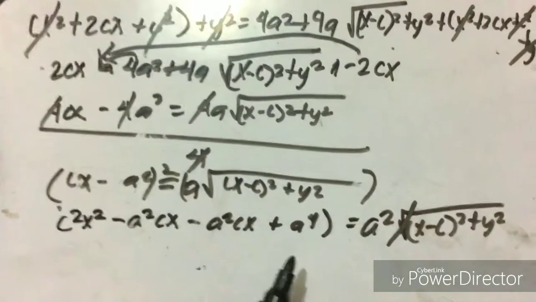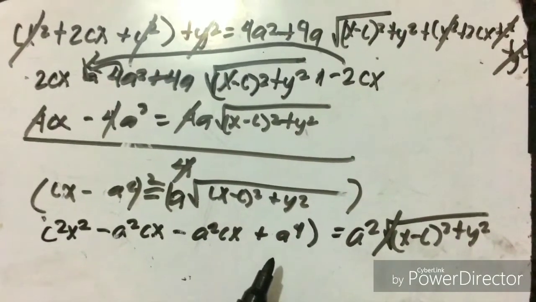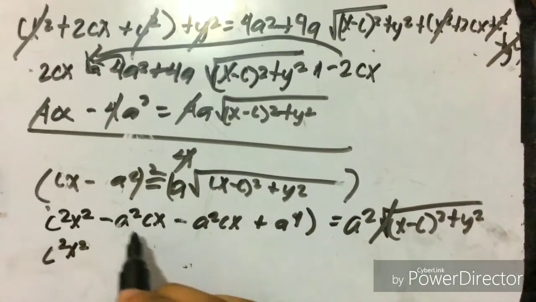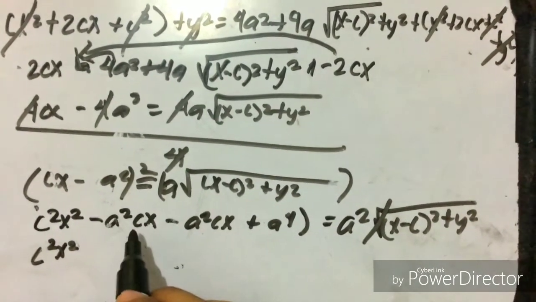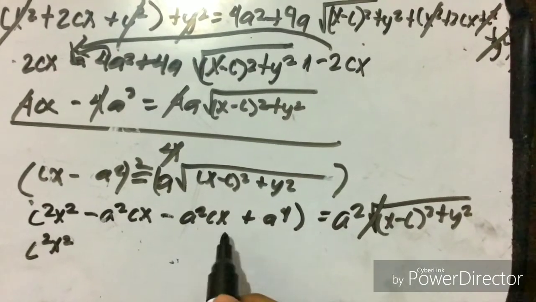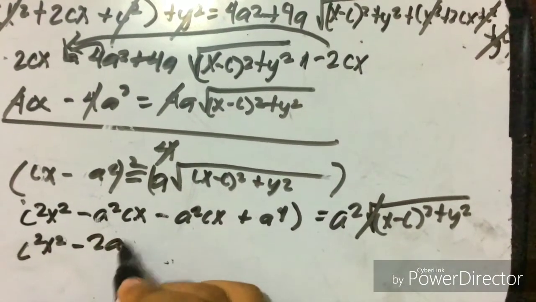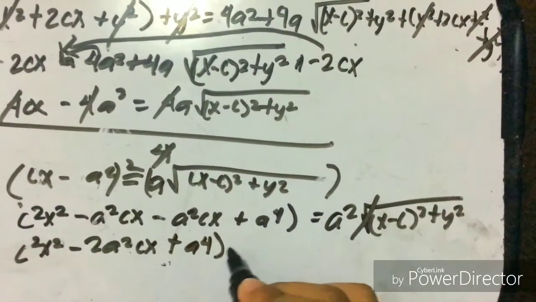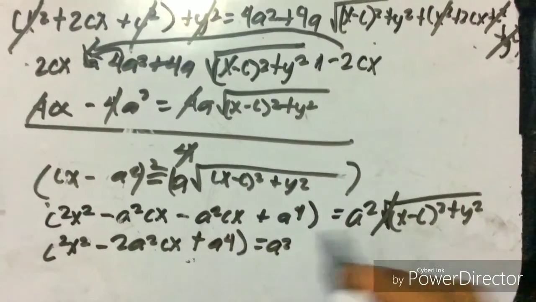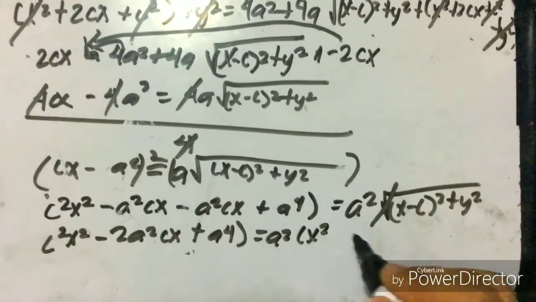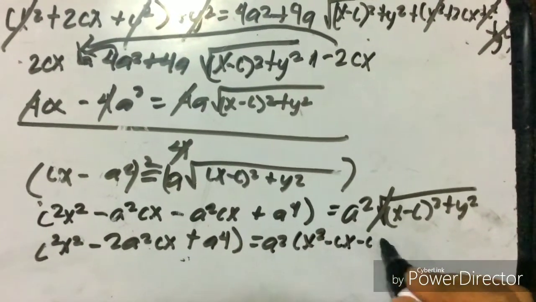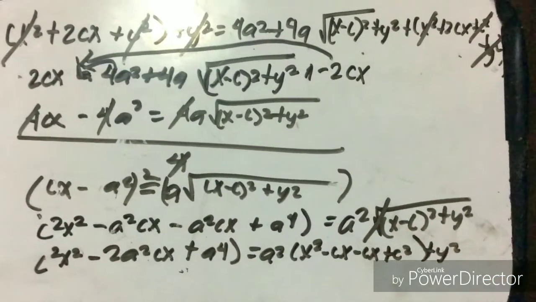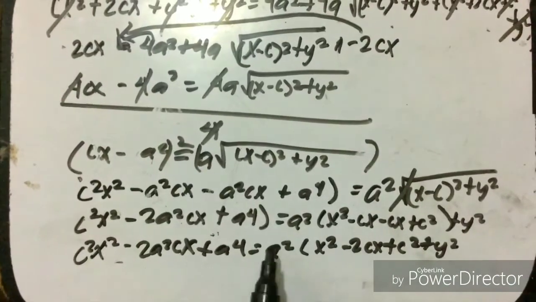After that, simplify the expression and expand the squares. So c squared and x squared. Negative a squared cx minus negative a squared cx is 2a squared cx, plus a to the fourth, equals a squared. Expand the remaining square: x squared minus cx minus cx plus c squared plus y squared. Then distribute the a squared.